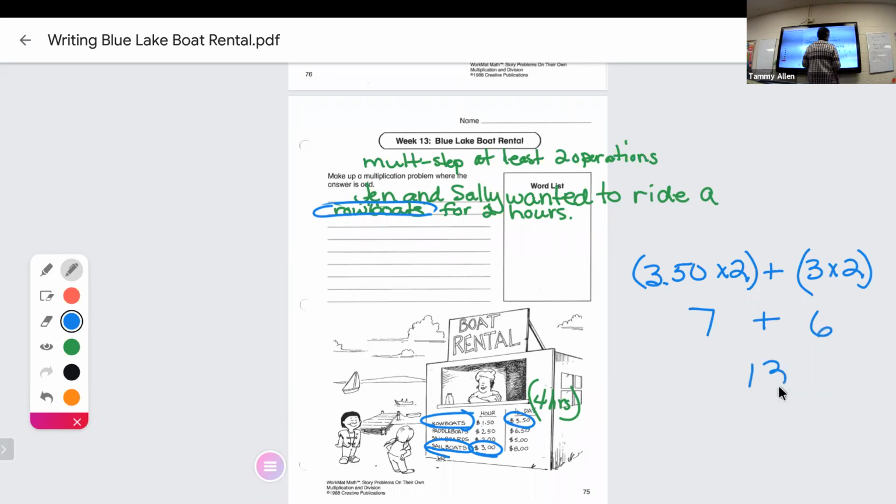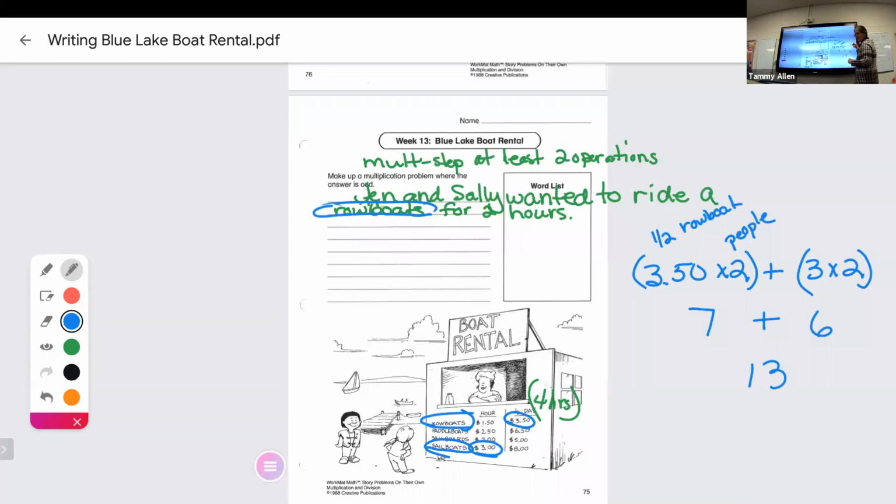Would that work? Does that give us an odd answer? Okay, so what was the $3.50? Half day of rowboat times 2 people. What was the $3?